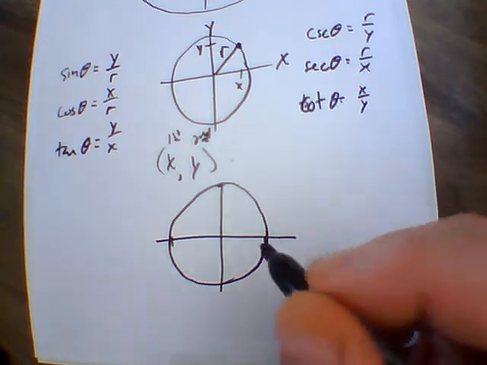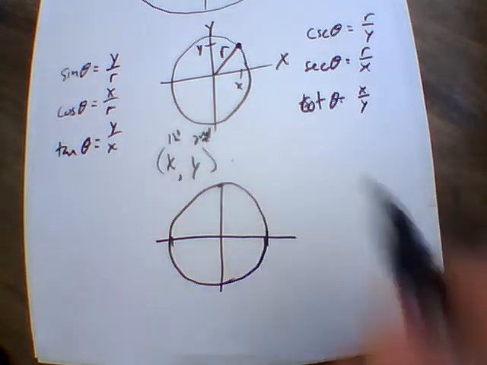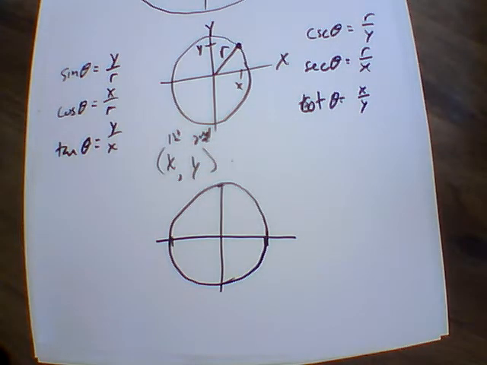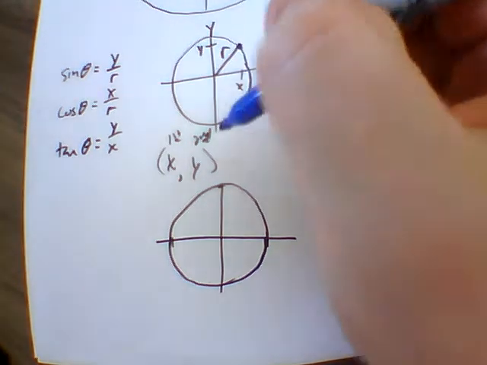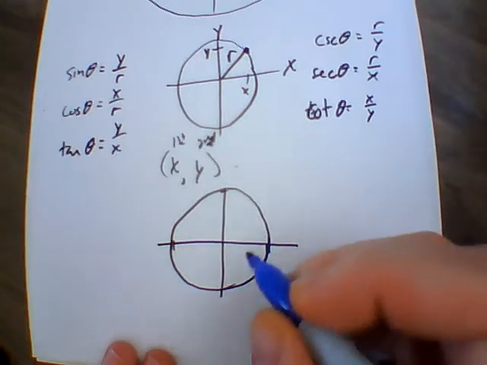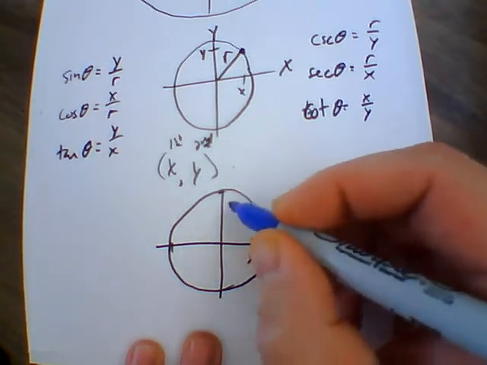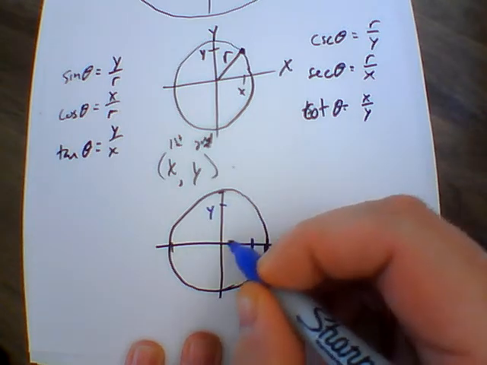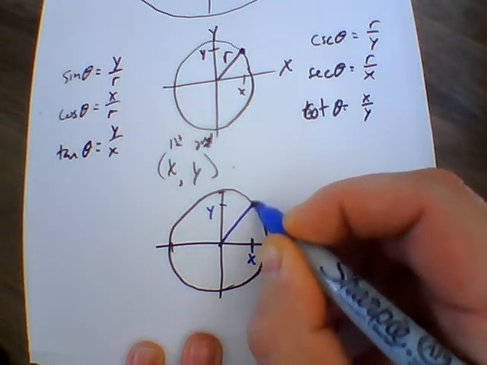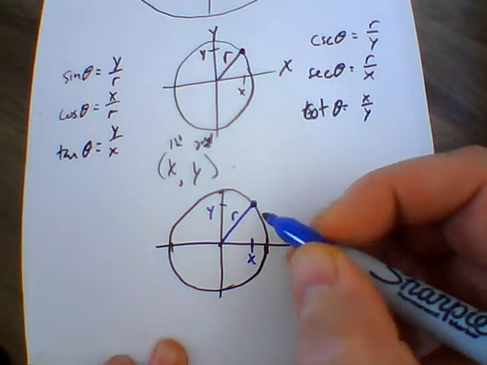Instead of having our motion on a circle, let me switch to blue here. I'm going to go x out here, then y up here, and then so far out here.